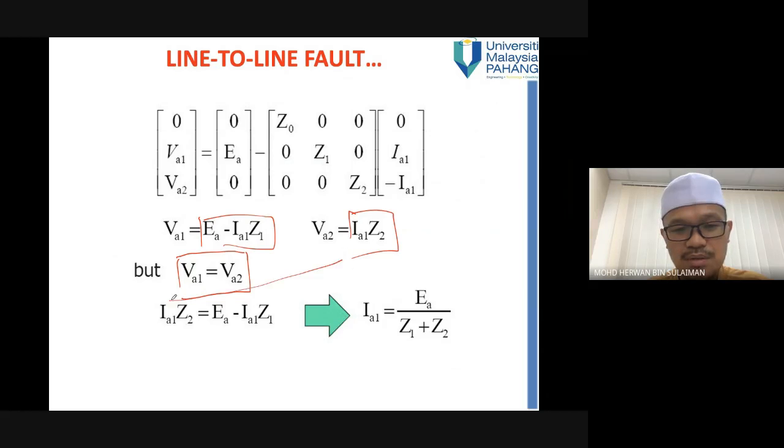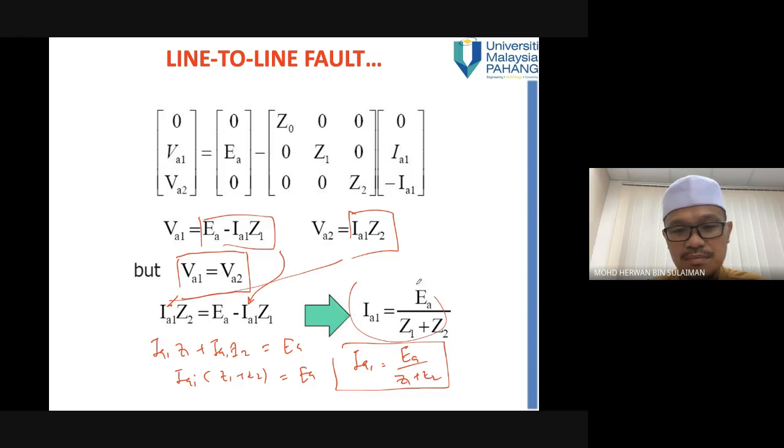So IA1 Z2 equals EA minus IA1 Z1. Then you can do the manipulation. You solve these and get IA1 Z1 plus IA1 Z2 equals EA. You factorize the IA1, and you get IA1 times Z1 plus Z2 equals EA. So finally IA1 equals EA divided by Z1 plus Z2. Okay, so like this.